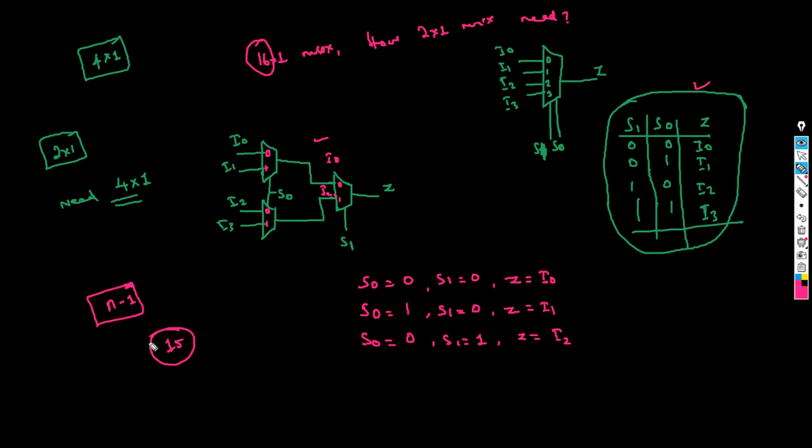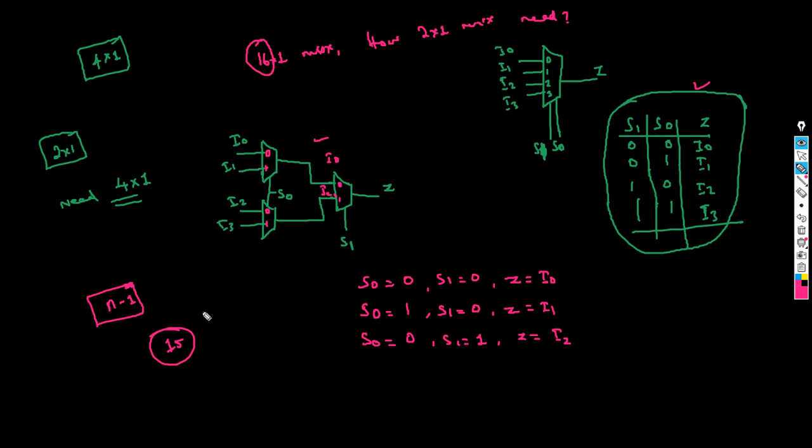So when it comes to 2 cross 1 based implementation, this is how I do it. Individuals will have a different way of working things out, but in this case I just follow 16 minus 1, so 15 muxes I need.